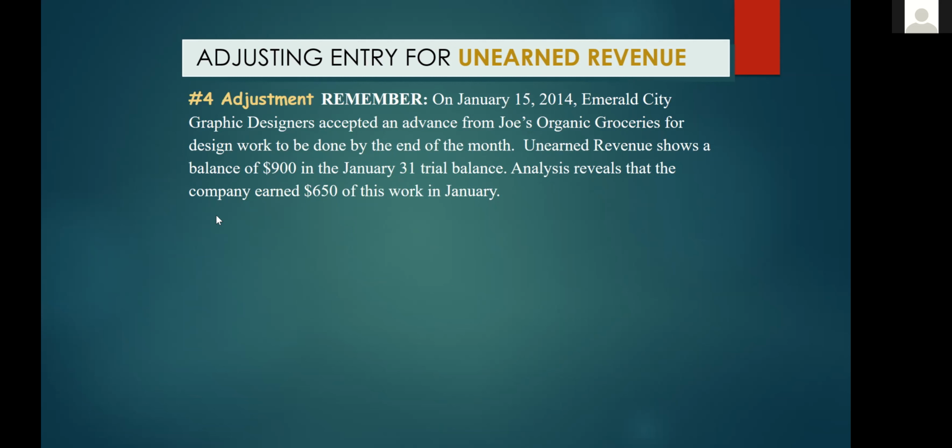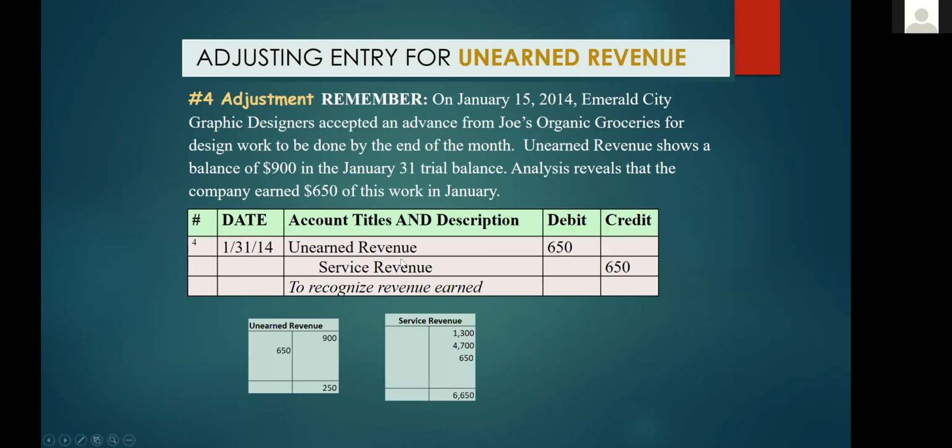So what we say is, and I'm just going to show you this journal entry. In chapter 3 slides, we had booked sales of 1,300, additional sales of 4,700. But now we're in chapter 4 and we're saying, oh, look, we earned $650 of revenue, design work revenue.